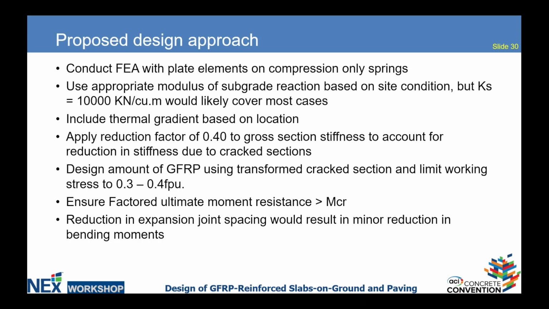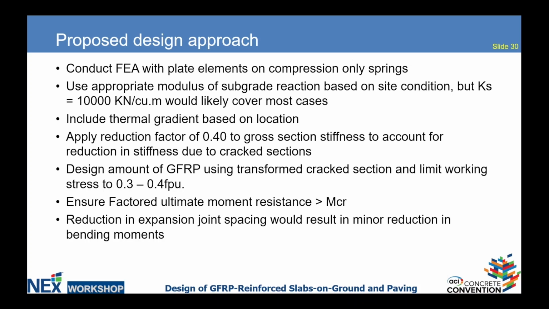And then we applied a reduction factor of 0.4 to the gross section stiffness. Okay? I showed you just now the I-gross of the 6-inch slab is conveniently about 40% of that of the 8-inch slab. So what we're saying here is if you have an 8-inch slab, and when you do the finite element analysis, consider the effective flexural stiffness of the 8-inch slab to be 40% of the gross.